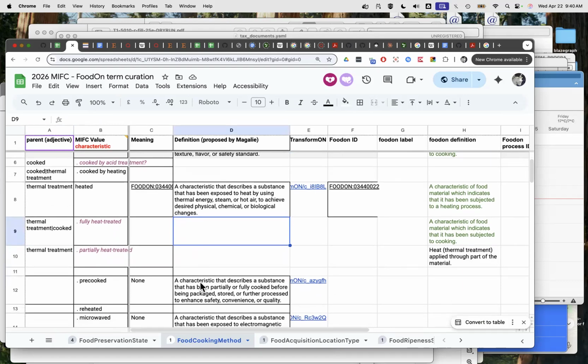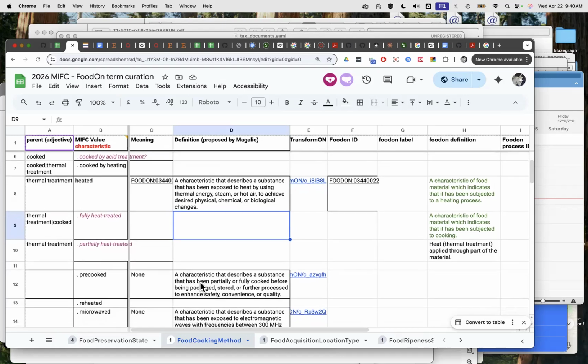And then all of these things down below, I think, are committing to cooked. But why are you using thermal treatment? I would say thermally treated as an adjective. Okay. Yeah, right. Okay.